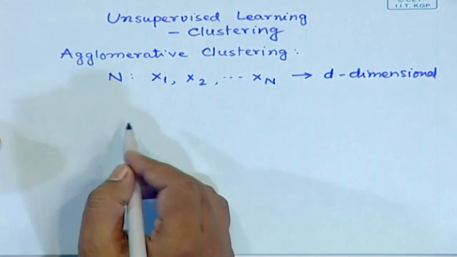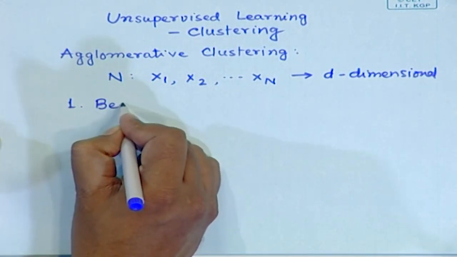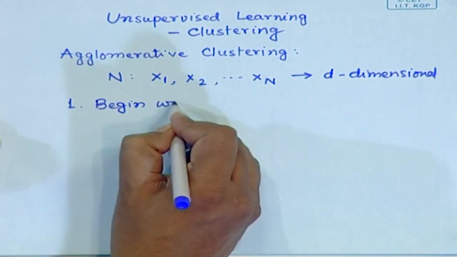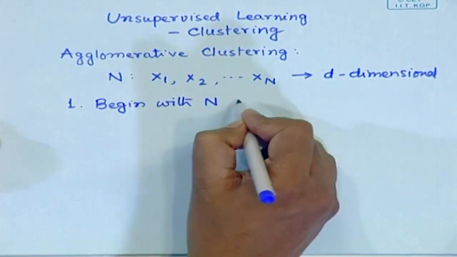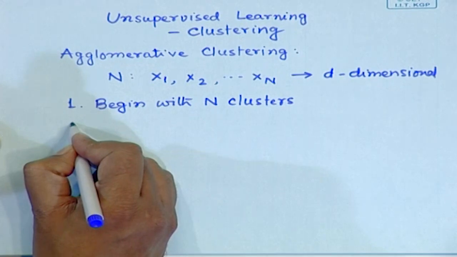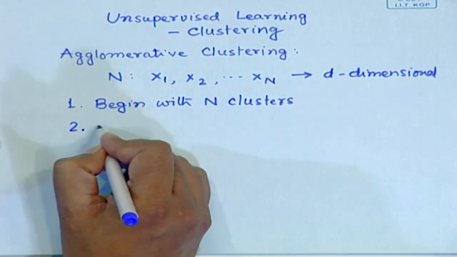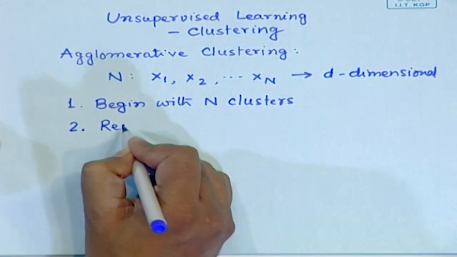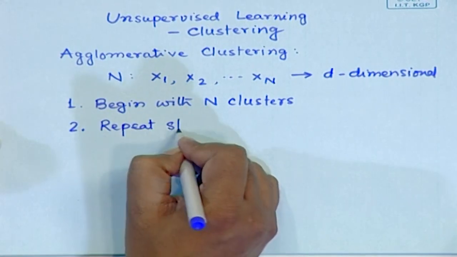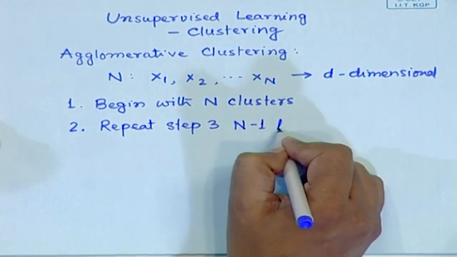It is something like this. In the first step I begin with n clusters, where every cluster consists of a single vector. Then in the second step, I can have a repetitive approach, so I repeat the next step n minus 1 times.